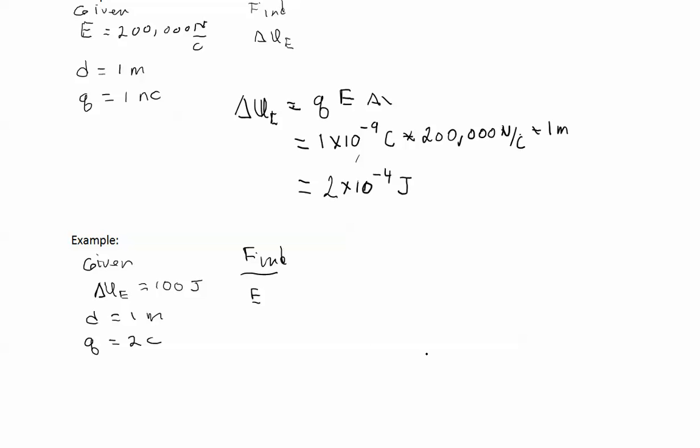In the next example, let's say we're given the change in the electric potential energy to be 100 joules. The displacement is 1 meter, and the test charge has a value of 2 coulombs. What is the strength of the electric field? The change in the potential energy is the value of the charge times the strength of the electric field, times the displacement.